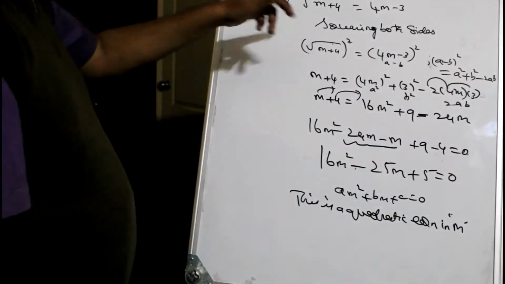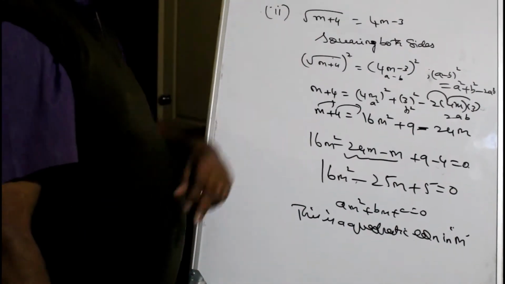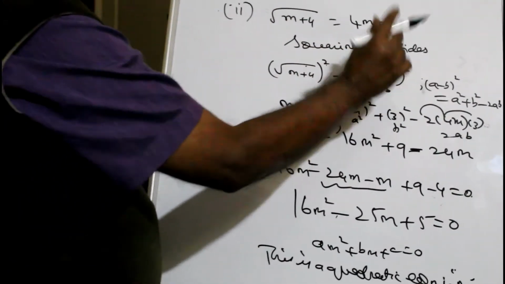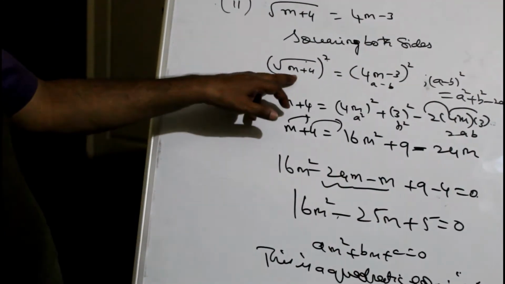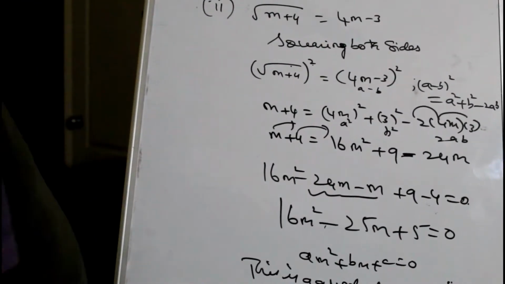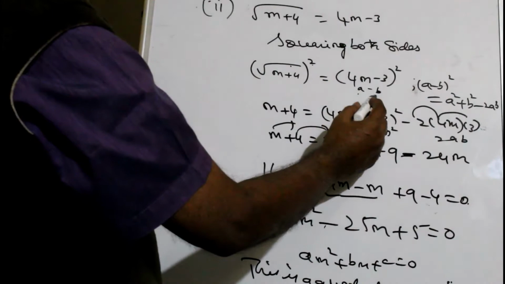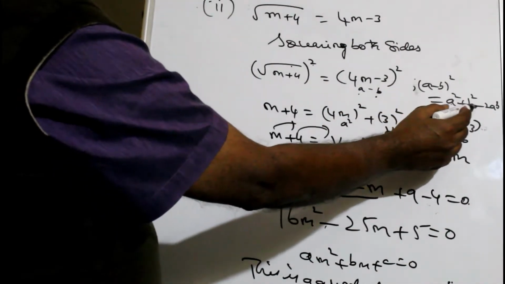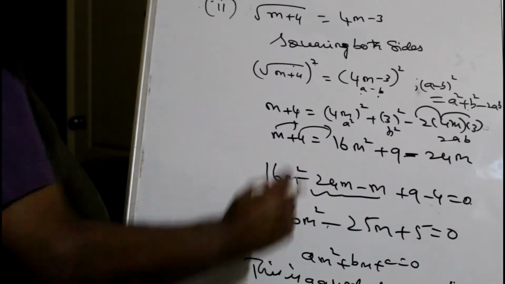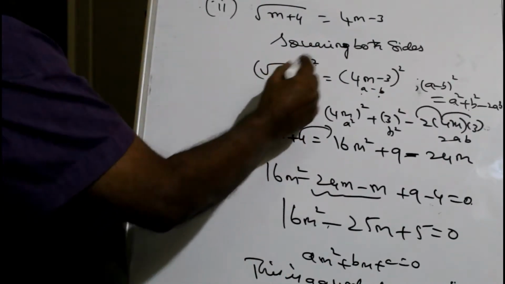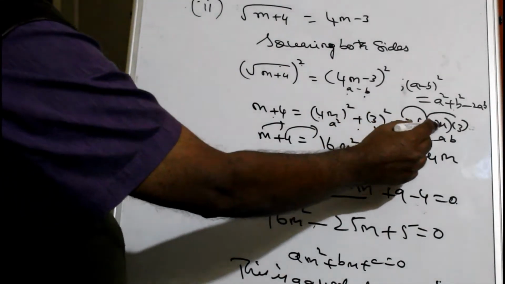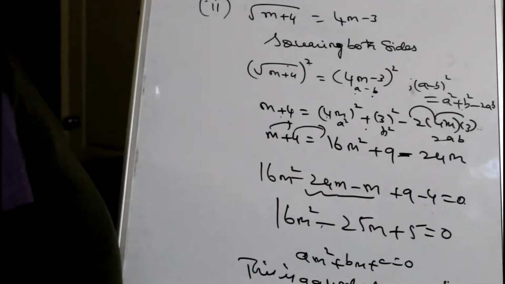Again I repeat, root of m plus 4 equal to 4m minus 3. To check whether it's a quadratic equation, when a root comes you have to square both sides. So root of m plus 4 the whole square equal to 4m minus 3 the whole square. You must write the formula a minus b the whole square, which is a square plus b square minus 2ab. When you square this, you get m plus 4, the root goes off. So it becomes 4m the whole square plus 3 the whole square minus 2 into 4m into 3.